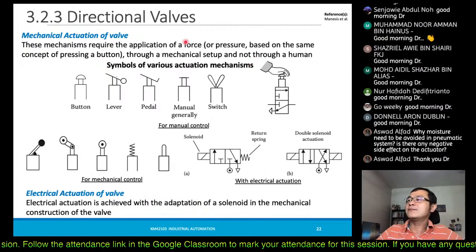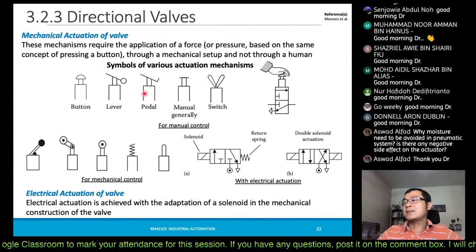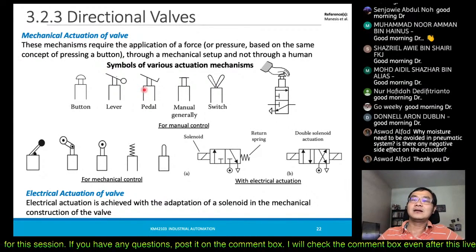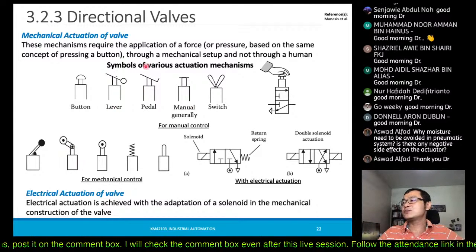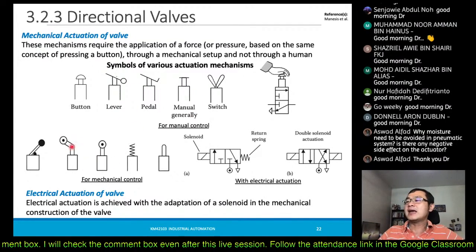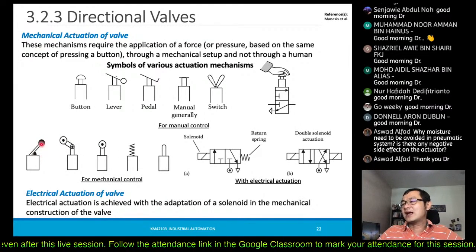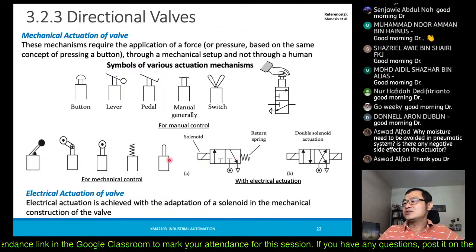So that would be mechanical actuation, okay? A pedal you can also use, with the human foot, okay, to pedal and so on. So this would be manual control, okay, and mechanical control using a limit switch, a spring or toggles, okay, and so on.